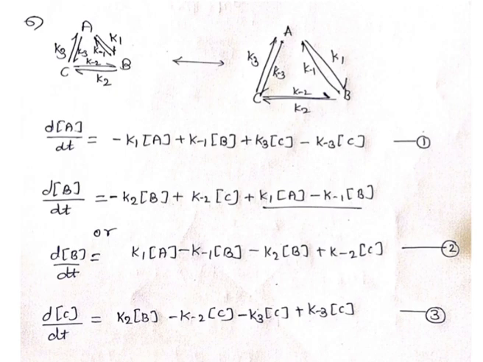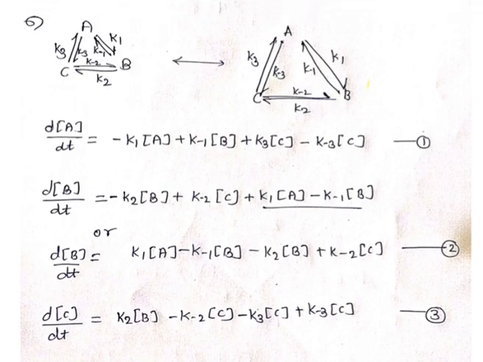Again, here is the next step from C to A and A to C. So, from C with rate K3, A is forming. So, you can note down here plus K3 into concentration of C. Then there is again a reversible reaction.